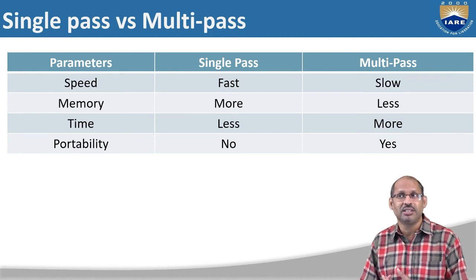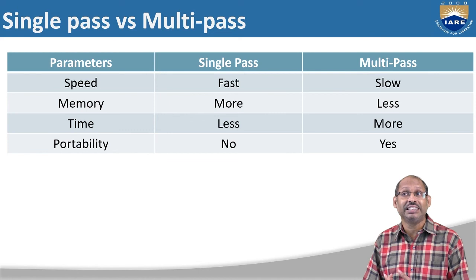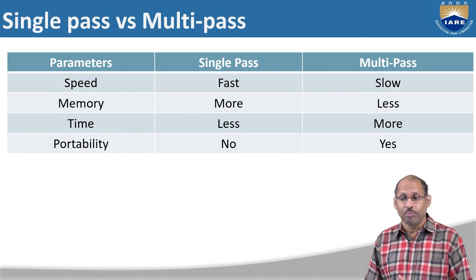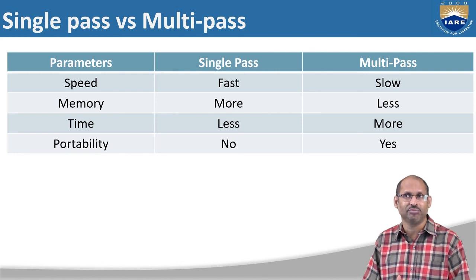Multi-pass takes less memory, because in the first pass it will have only the 4 phases and intermediate forms. After that, while we are executing the second pass, it requires the intermediate representation and only the code optimization, code generation, and final machine code.